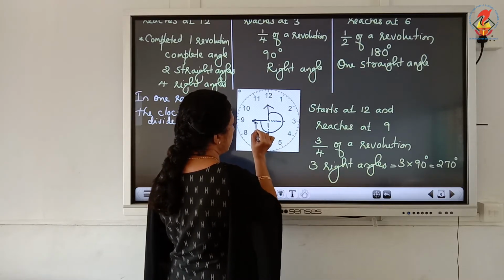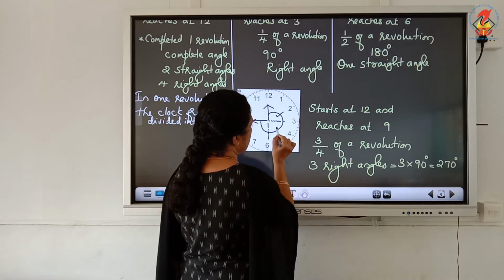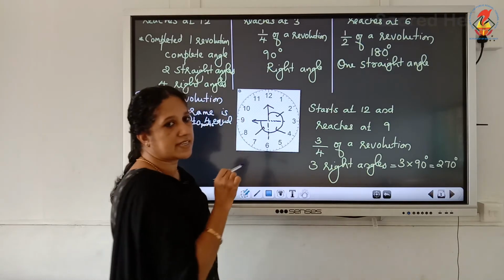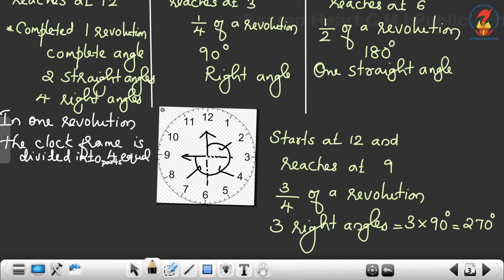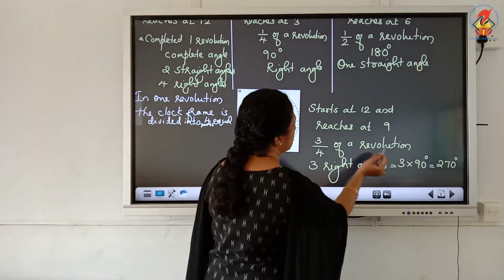From 6 to 9 the angle turned is also a right angle. So first right angle, second right angle, third right angle. So how many right angles are turned there? 3 right angles. And what is the measure? 1 right angle means 90 degrees. 3 right angles means 3 into 90 degrees, 270 degrees. So the angle turned is 270 degrees. And we can say that it is 3/4 of the revolution.